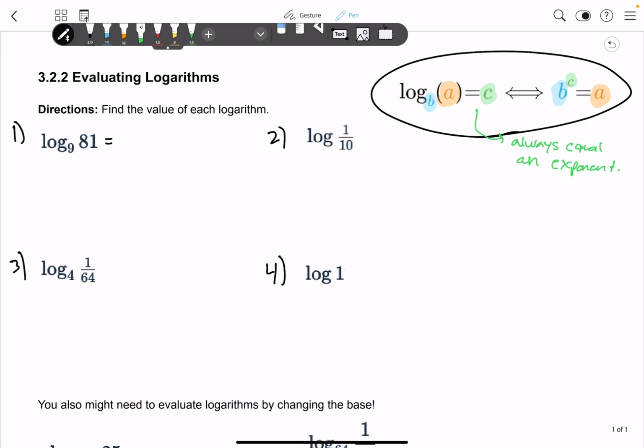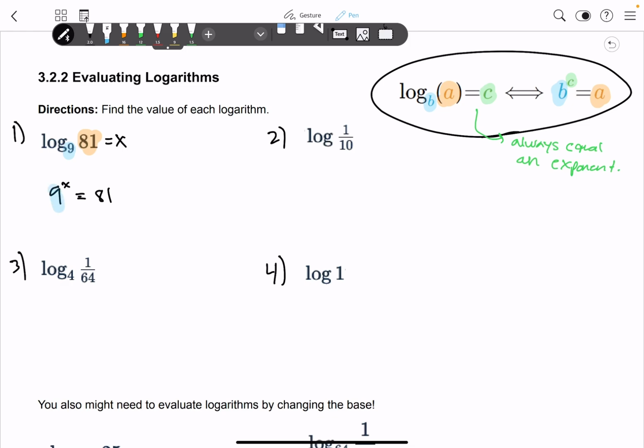So let's go down here to look at number 1. The base of the log is 9. So we're raising 9 to some power, and we're going to have to think about what that power is, and we want it to equal 81, because that's what we're taking the log of.